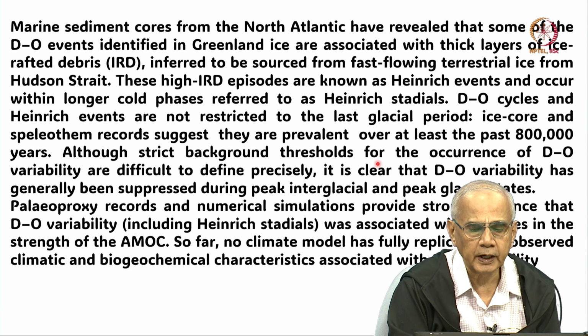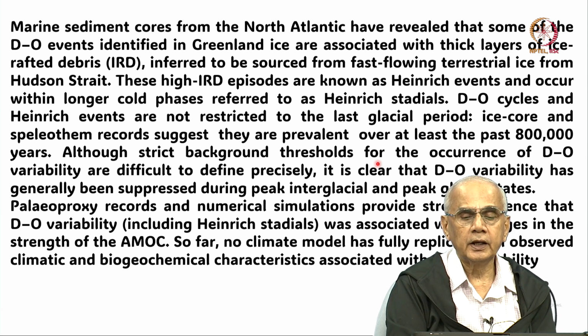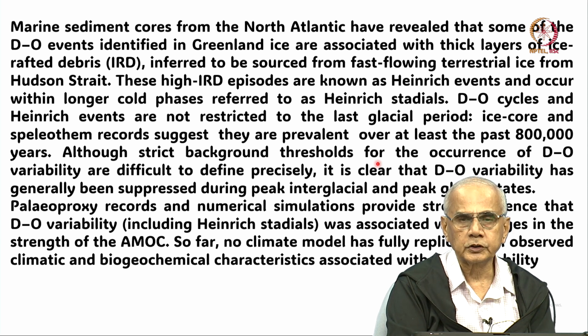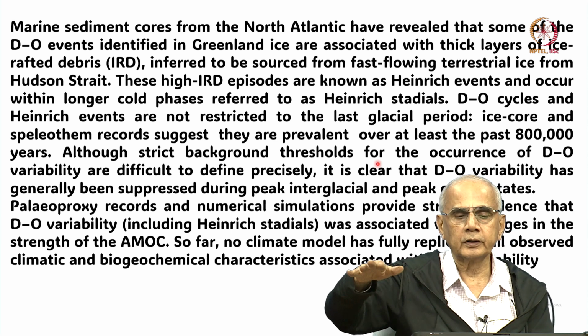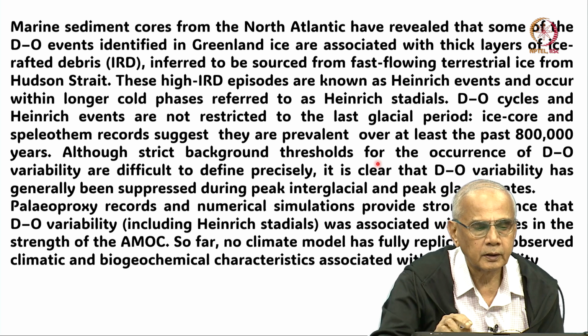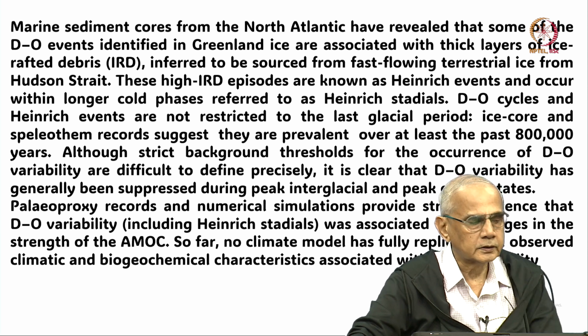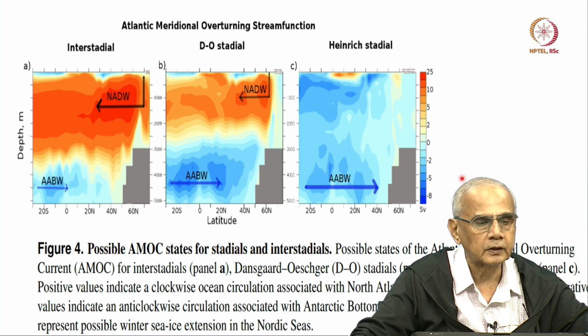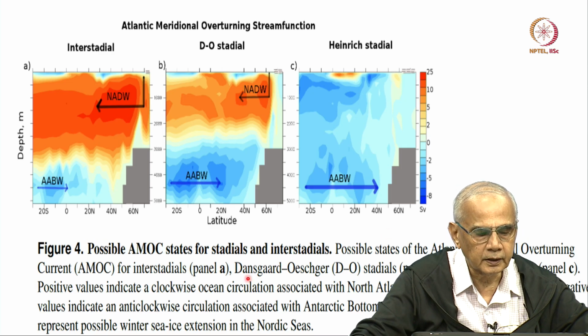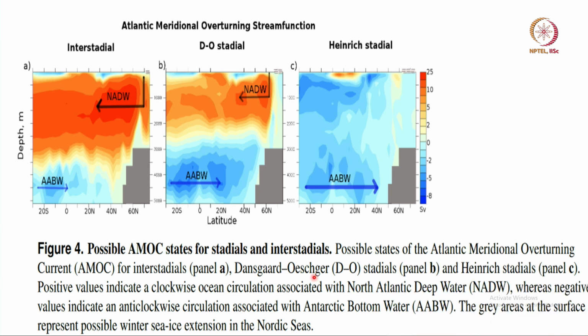So, what it shows is that during the last 800,000 years, the Atlantic meridional ocean circulation fluctuated a lot, and these are called the DO variability, that is, let me just mention clearly here, these are the Dansgaard-Oeschger oscillations. Okay.